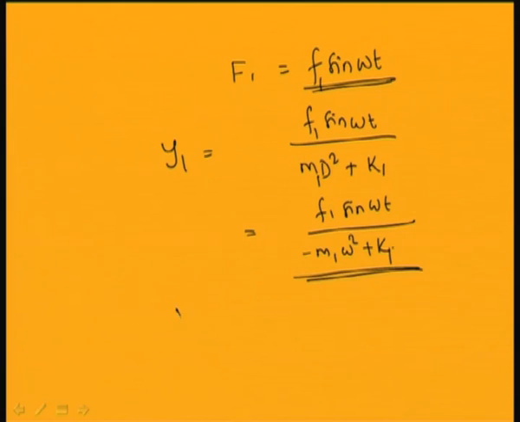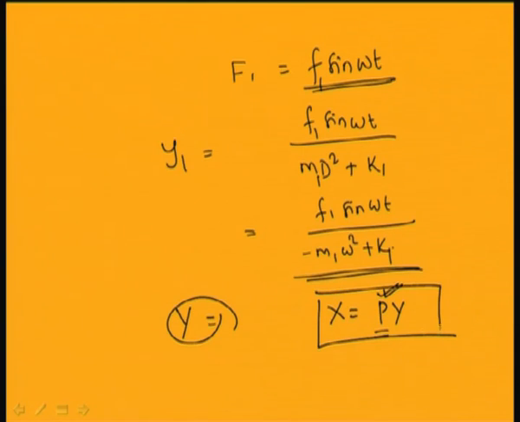So, after obtaining y1, y2, y3, the y vector, you can obtain x equal to P y. Already P, the weighted modal matrix, is known to you. So, by substituting this y in this equation, you can obtain x of the system.